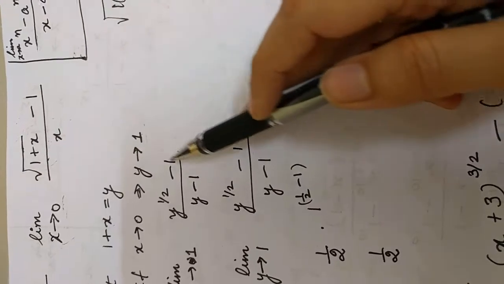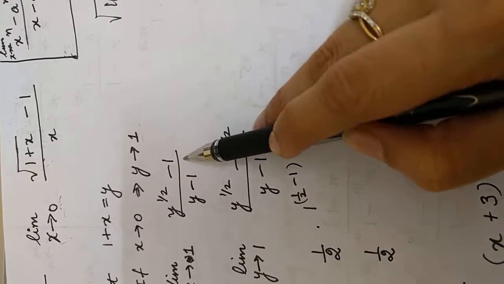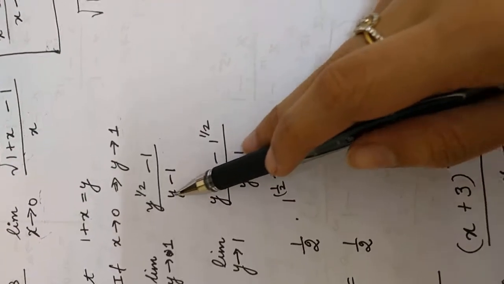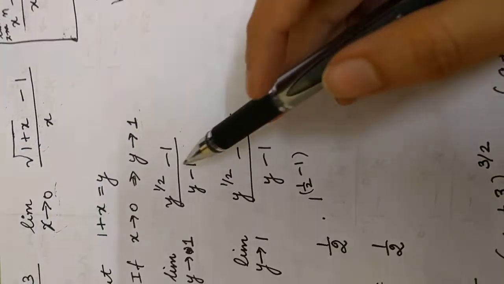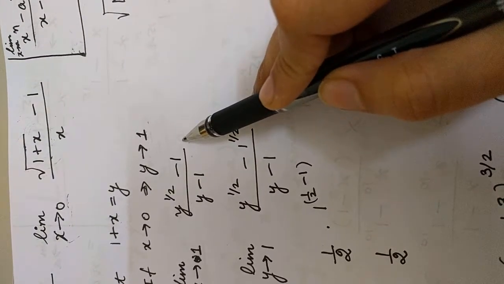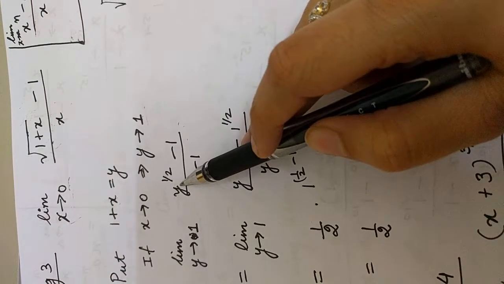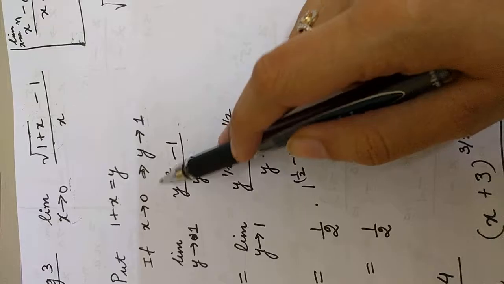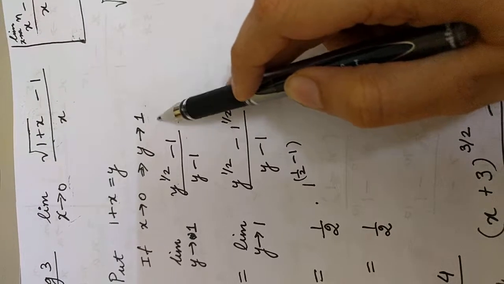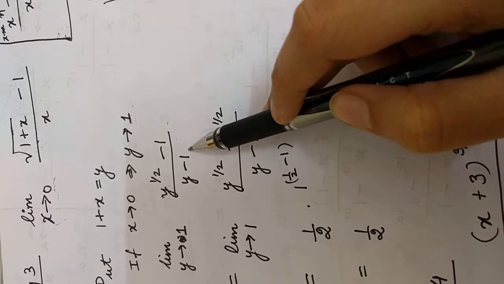So this form is broken into this form. Basically we have successfully broken it into the form of limit x tends to a, x to the power n minus a to the power n upon x minus a.